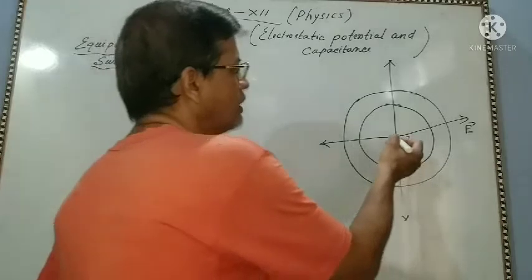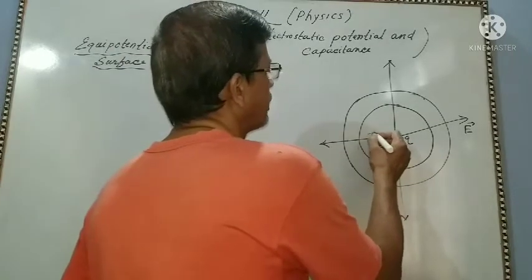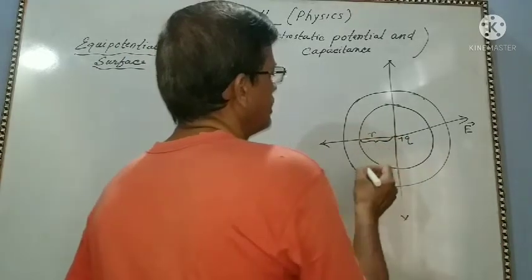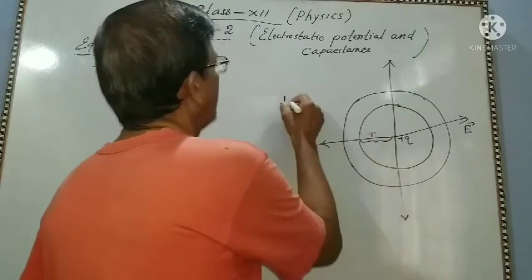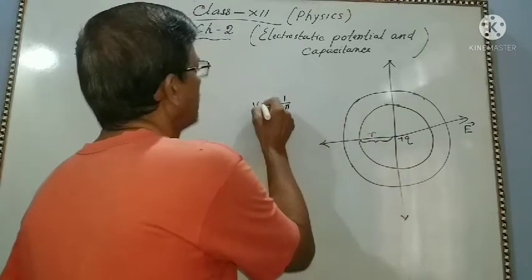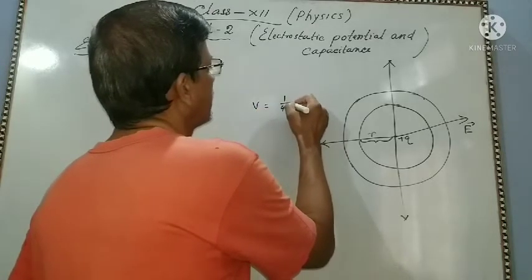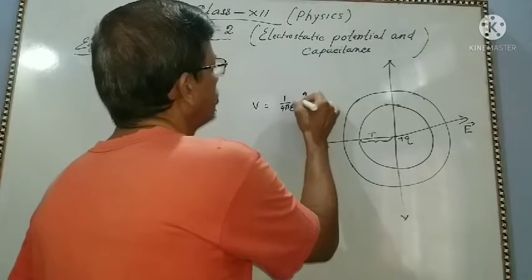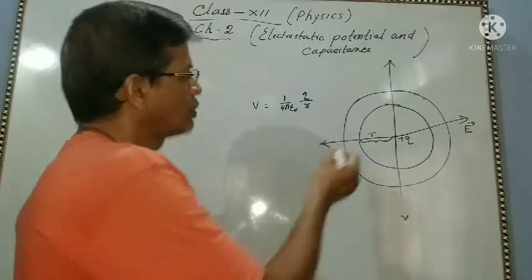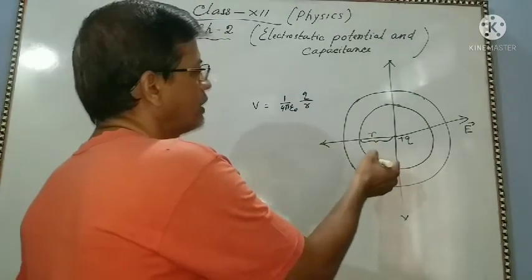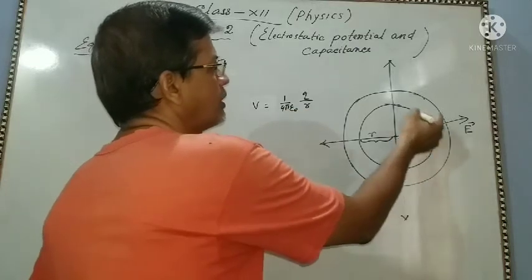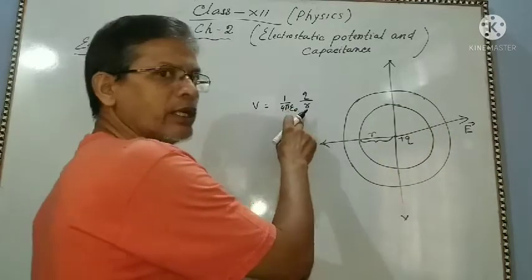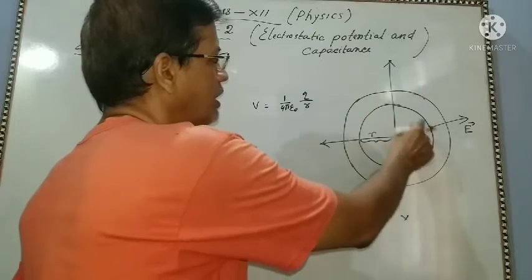So you see, if this distance is r, then here the potential will be 1 by 4 pi epsilon naught q by r. At this point it will also be this, at every point it will be this. So this is an equipotential surface.